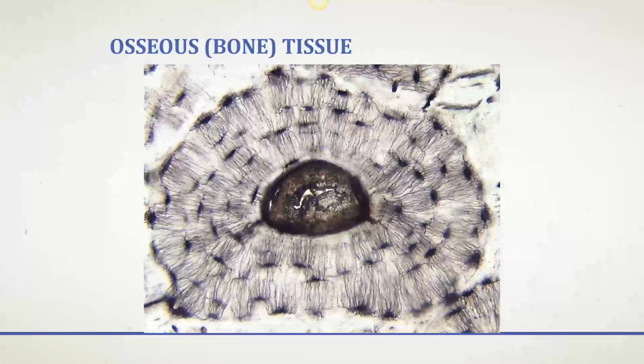Here we have osseous or bone tissue. On an exam, you should refer to it as osseous tissue. Now what we're looking at here, each one of these dark black circles is the major cell type. And the major cell type is the osteocyte.